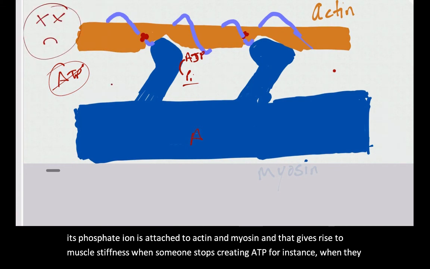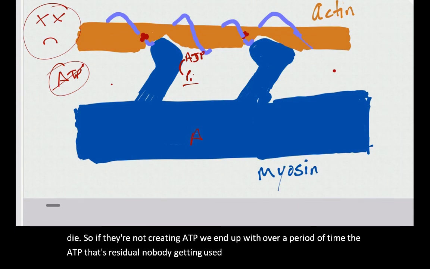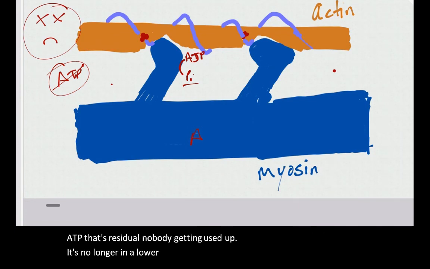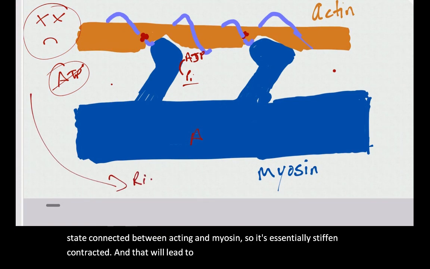Over a period of time, the residual ATP in the body gets used up. It's no longer in a high energy state. It's in a low energy state connected between actin and myosin, so it's essentially stiff and contracted, and that will lead to the phenomenon rigor mortis.